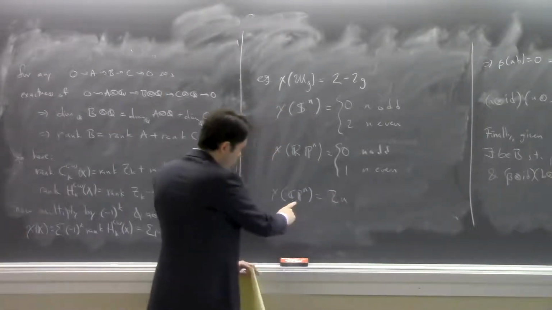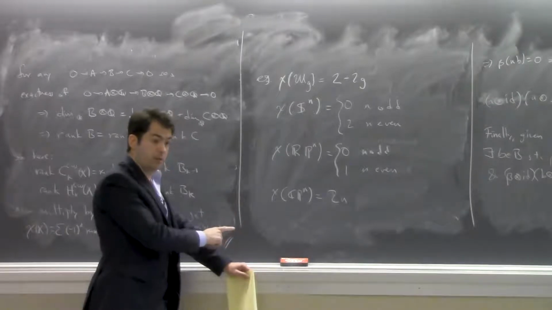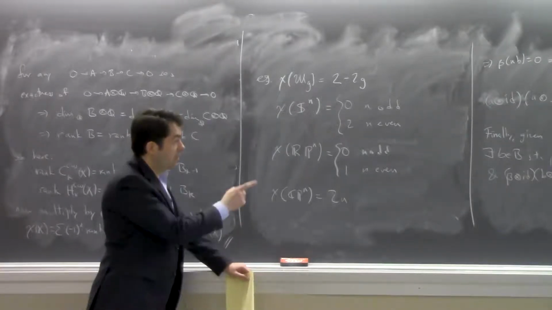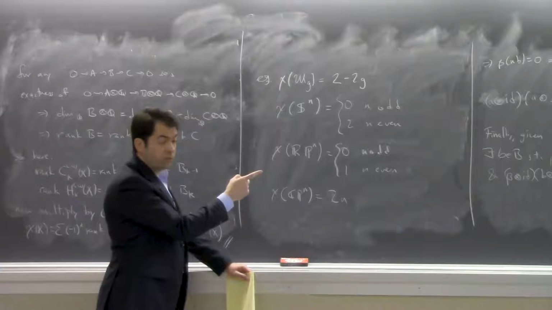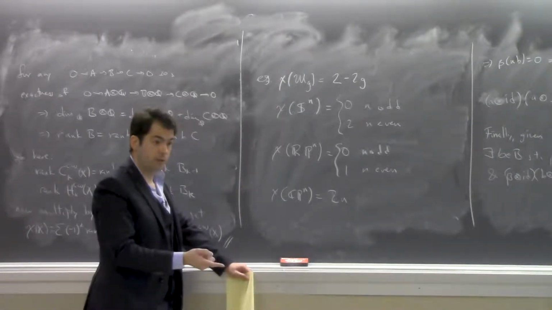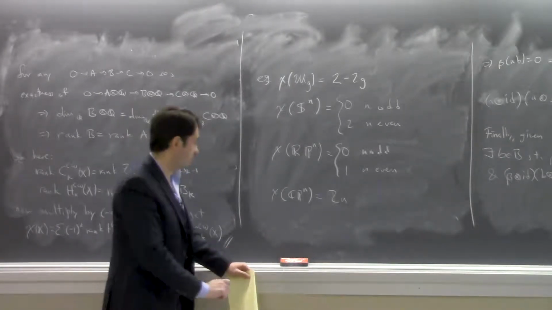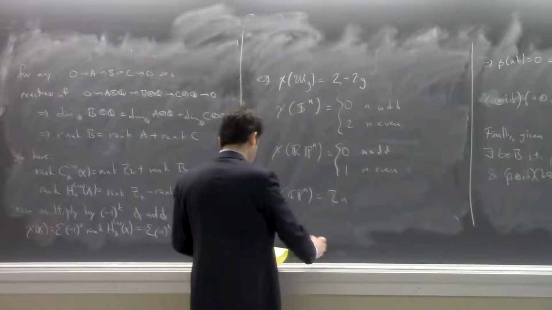So we computed this, and it has just 1 Z in every even degree. So since it's even degree, all of the signs are plus, and each Z just contributes 1. So you just add 1 to itself 2n times. Okay.